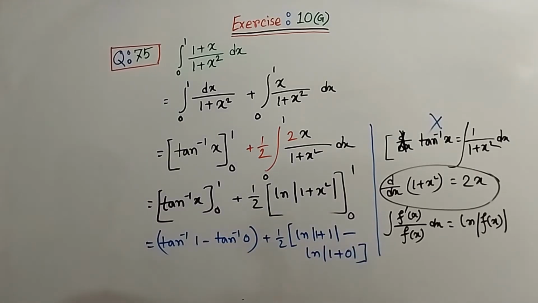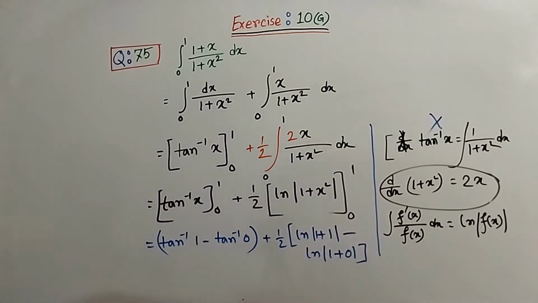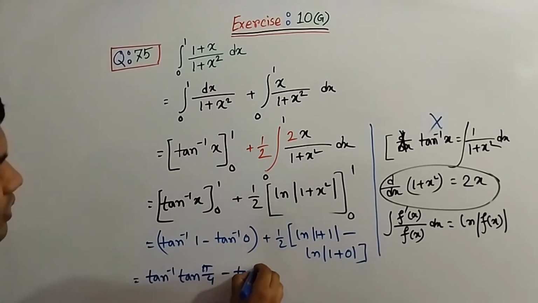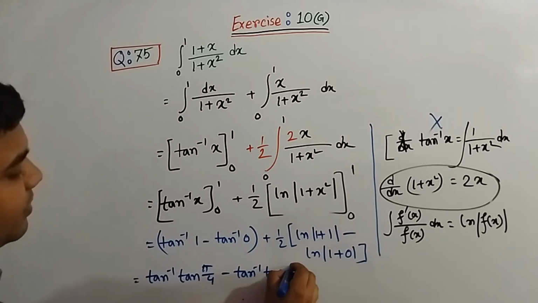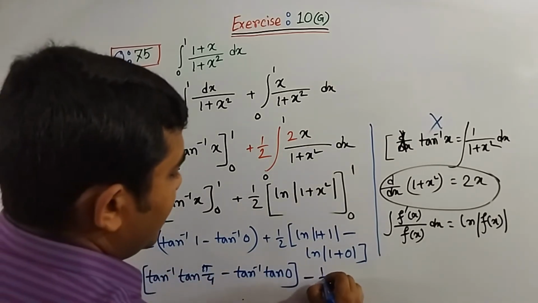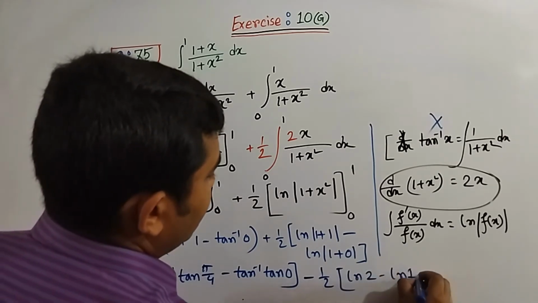By putting the values 1 and 0 in here, finally we get tan inverse tan pi over 4 minus tan inverse tan 0, minus half of ln 2 minus ln 1.